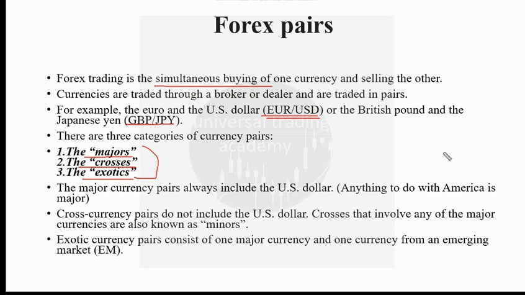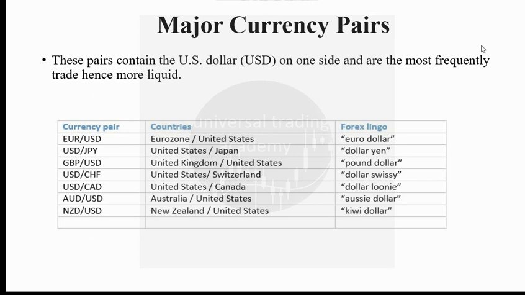Okay, now we're going to start with the major currency pairs. The main characteristic of the major currency pairs is that they all contain the US dollar as one of the components. In this table, as you can see, we have the Euro USD, USD JPY, GBP USD, USD CHF, USD CAD, AUD USD, NZD USD.